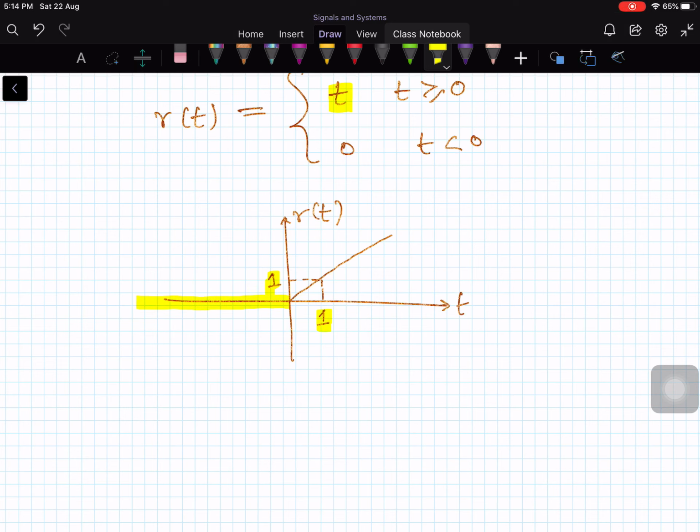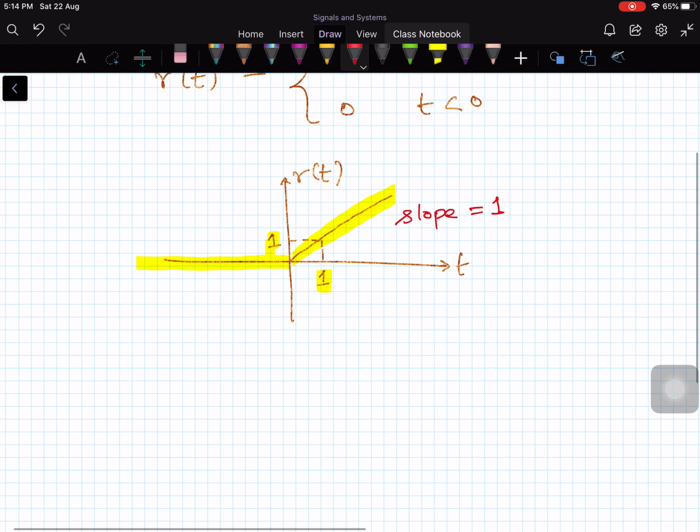This is called a ramp function r of t, because it is like a ramp. It is called a ramp function, and since the slope is equal to unity, it is called unit ramp function.